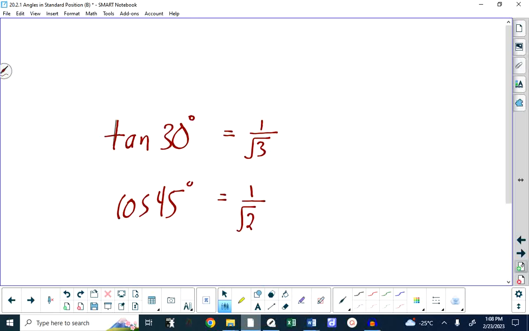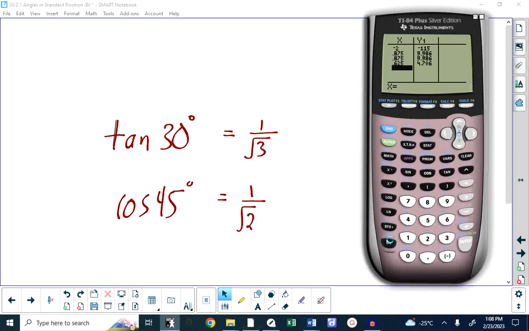Okay? So if I take my calculator, always making sure that it's in degree mode, and I have to change my setting every time I close my calculator and reopen it, it goes back to radians. I can change that. And I figure out what tangent of 30 degrees is, I get this number.